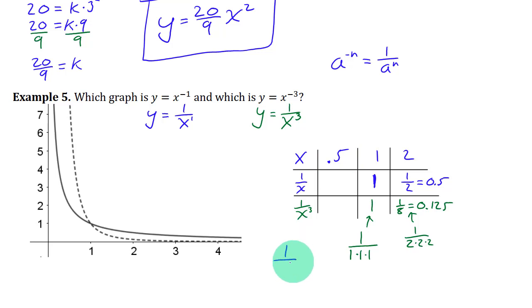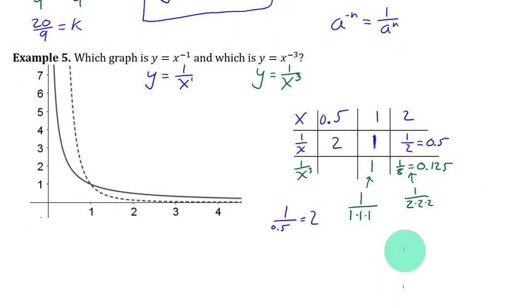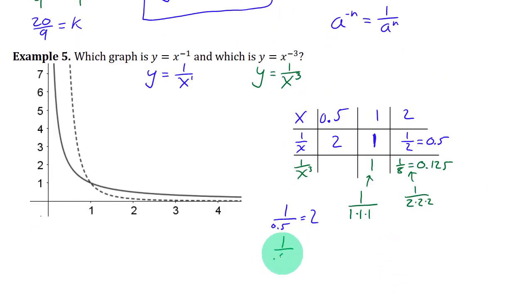Well, 1 divided by 0.5 is 2, because 0.5 goes into 1 two times. And 1 divided by 0.5 to the power 3: 0.5 to the power 3 is 0.125, since every time you multiply by another 0.5 it gets cut in half, so it ends up pretty small in the denominator. And that turns out to be 8.